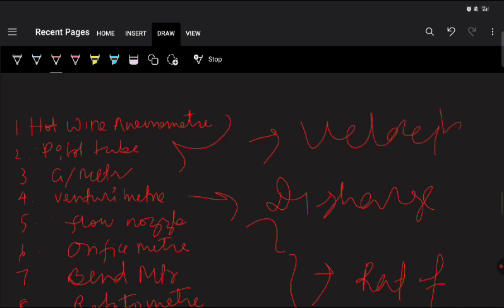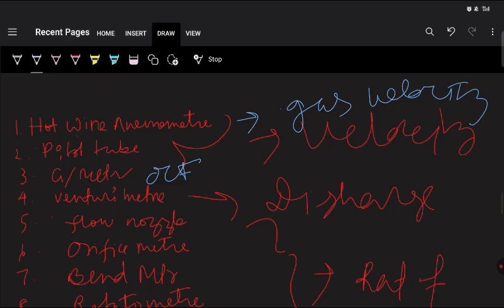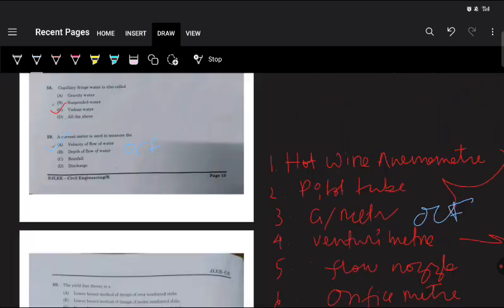The current meter is used to measure open channel velocity, open channel flow, and the hot wire anemometer is used to measure gas velocity. You should remember these devices because they appear in exams.